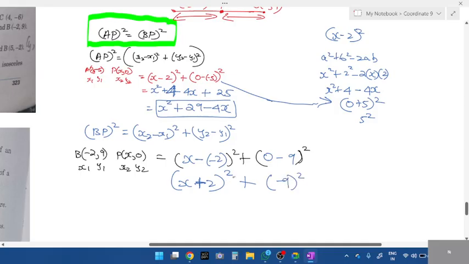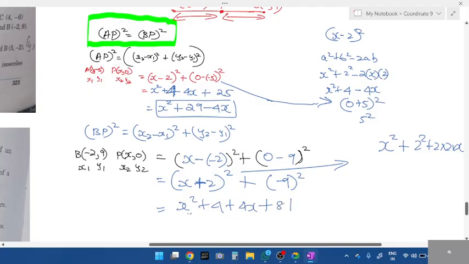Bhargavi, a plus b the whole square, right? x square plus 2 square plus 2 into 2 into x, plus 9 square. 9 square is 81. x square, 4 plus 81 is 85. Did we get both the equations?